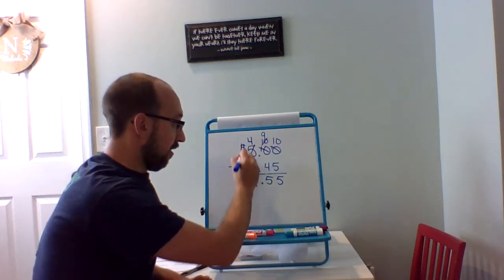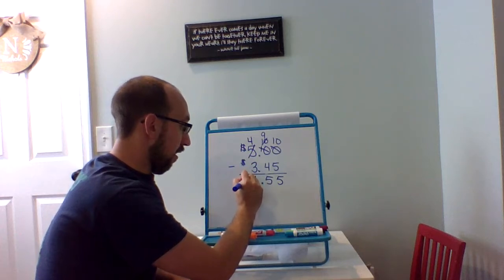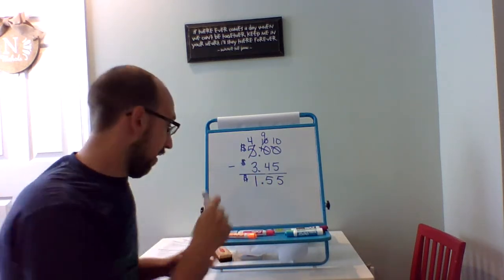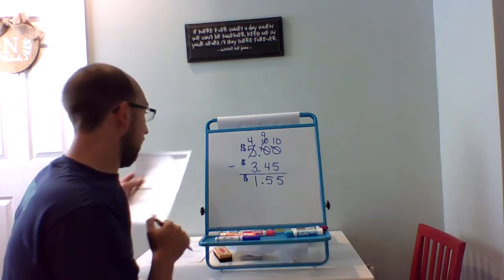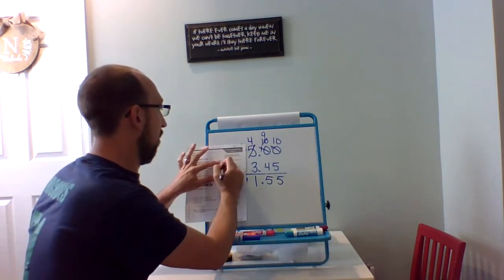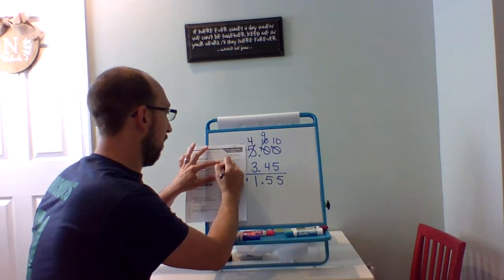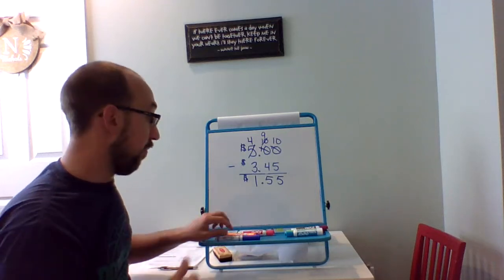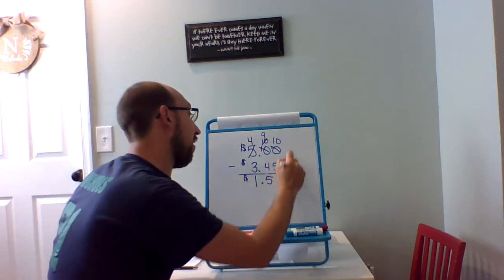And same thing with the dollar sign. I want to carry that down as well. So the amount of change you should get back when you pay with a $5 bill is $1.55.